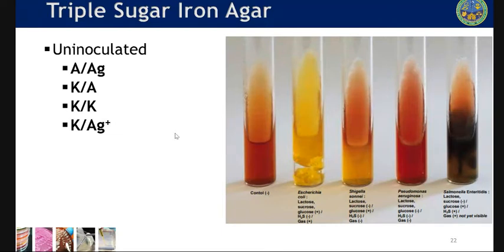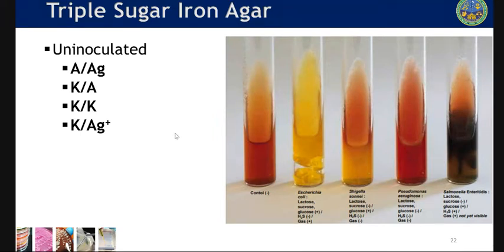And then K over K, typical of Pseudomonas, but this is not under the family Enterobacteriaceae. And then the last tube, K over A with gas, you have cracks, and you also have black precipitate, H2S. So K over A, G for gas, plus for H2S.